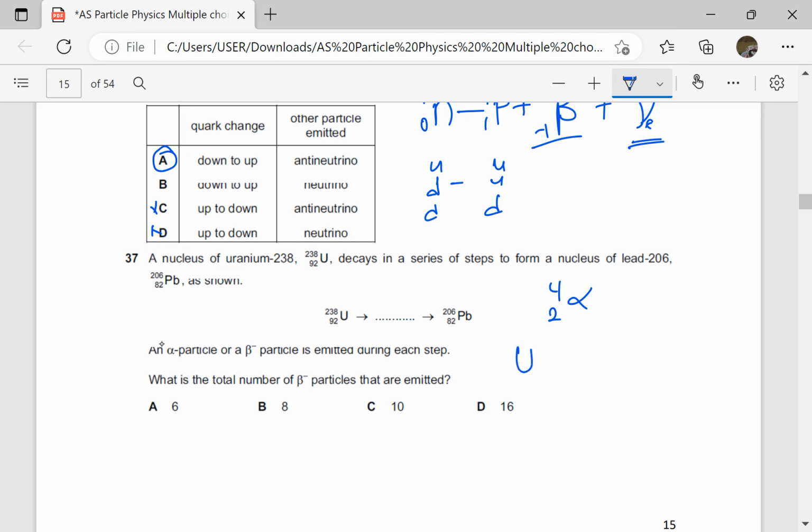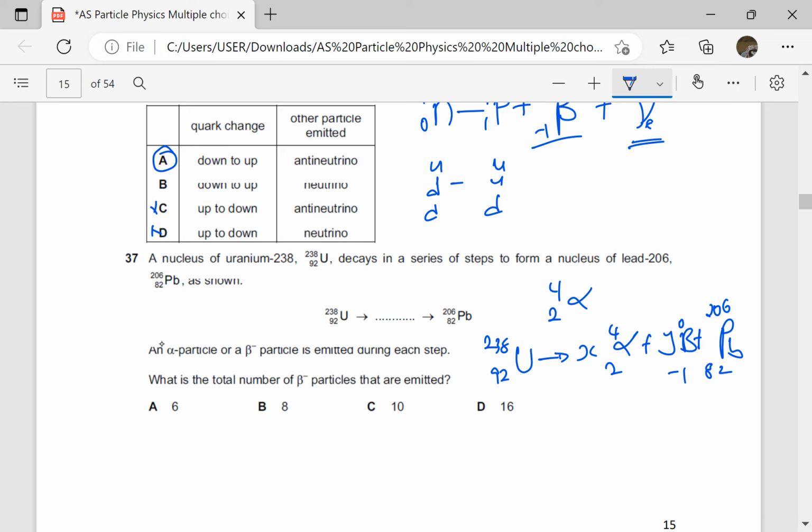So let us say uranium 238, 92 emits X alpha particles. Let's say the series involves X alpha particles, 4, 2, plus Y beta particles, that is beta 0, minus 1, plus lead, which is Pb. You don't need to know the symbols of these, but since they are given, 206, 82.